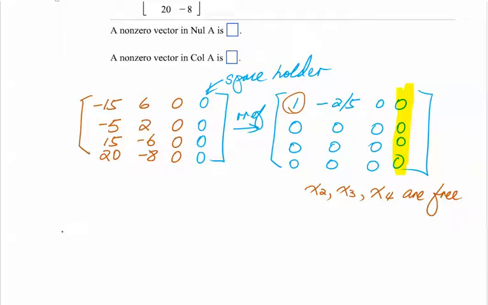Okay, let's look at the null space. Now my solution equals 2/5 x2. x2 is free, x3 is free, x4 is also free.